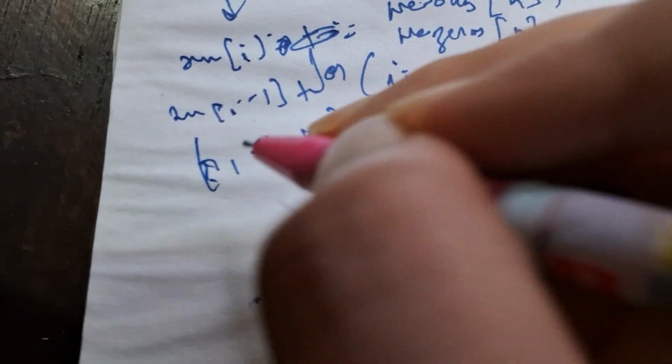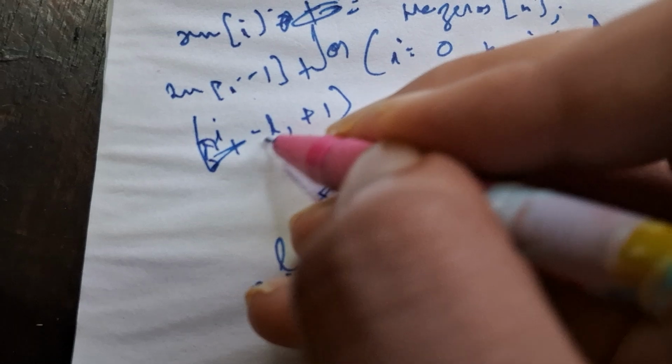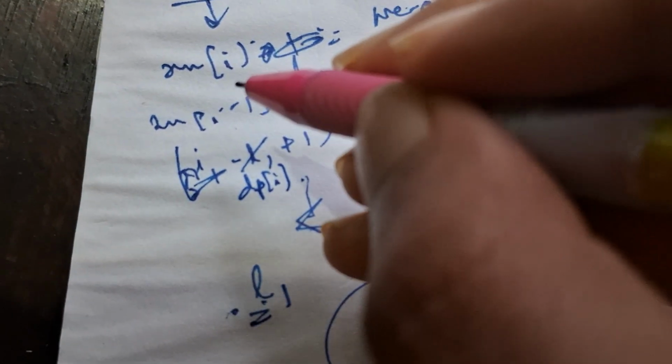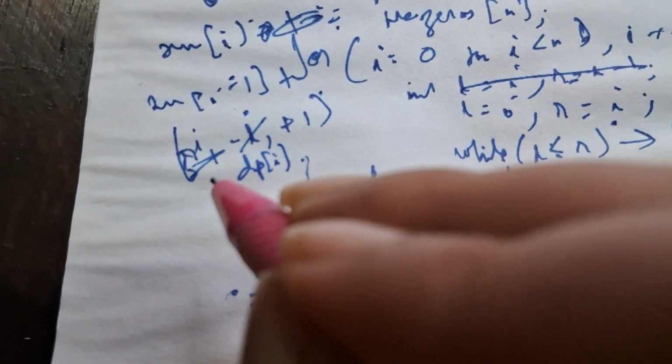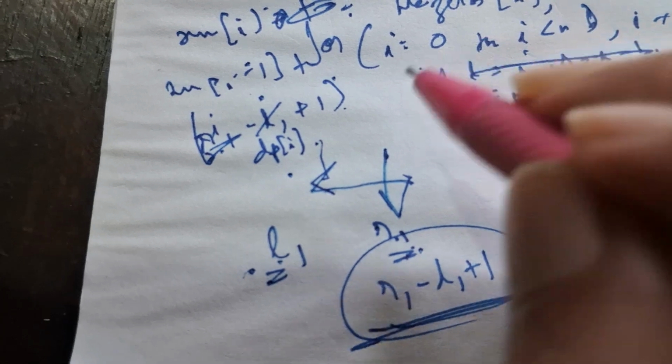So what is R1, what is L1? R1 is basically I, L1 is basically dp of I. So sum of I is equal to sum of I minus 1 plus I minus dp of I plus 1. Okay, clear?